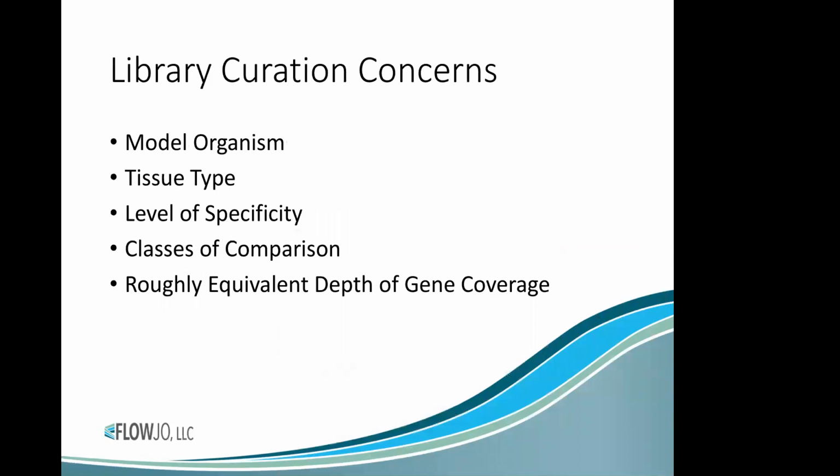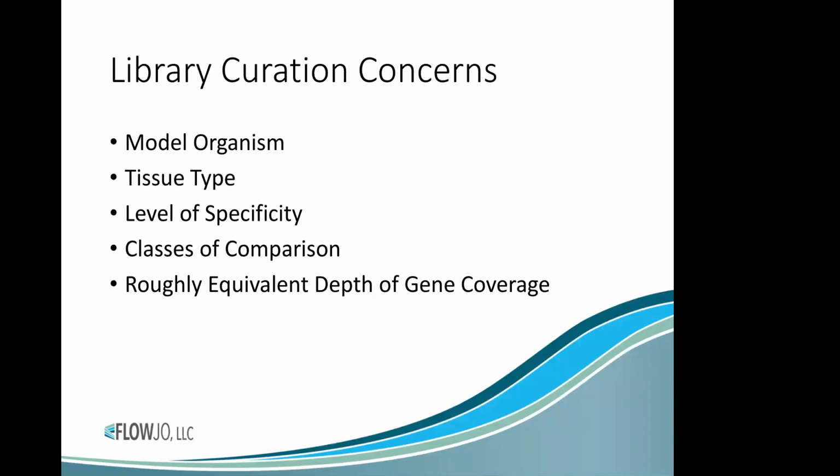Now, when setting up a gene set library, there are some really important considerations that you should be aware of. For example, you want your gene sets within the library to be at the same level of biological inquiry. So you want to be using the same model organism. You want these gene sets to come from the same tissue type. You want them to specify the same level of heterogeneity that you're testing against. So if you're looking at B cells only, you probably want gene sets in your library that are derived only from B cells, if we were trying to identify memory, plasma, and naive, for example.